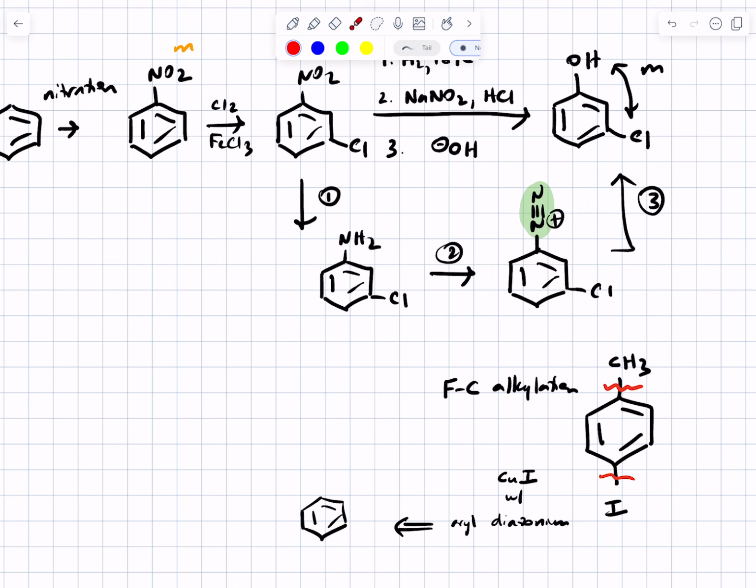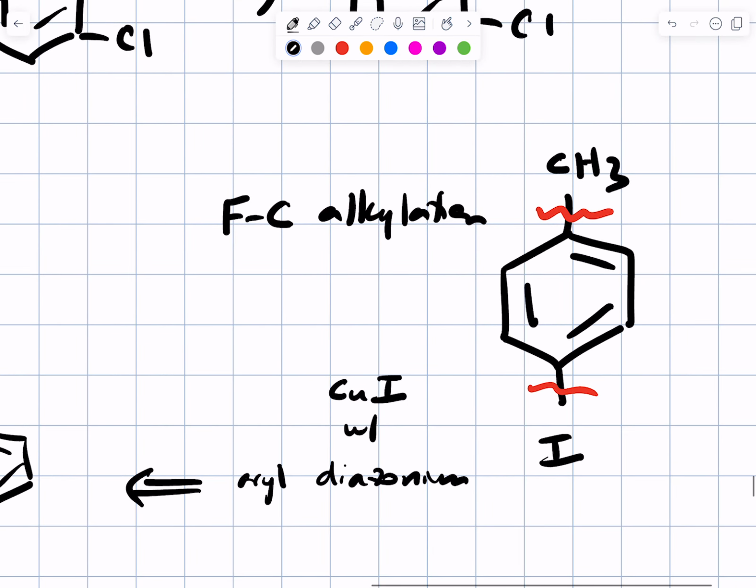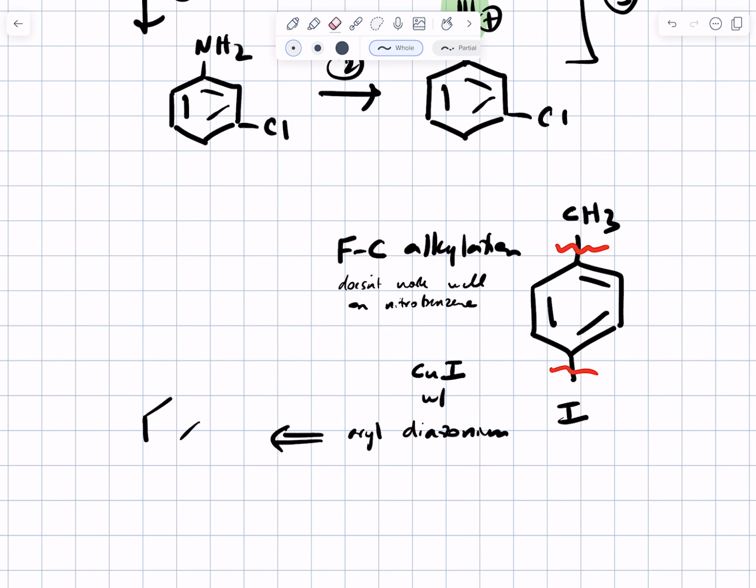And the relationship between these two groups is para. Friedel-Crafts alkylation, so we probably don't want to have the nitro group on there first, because nitro is a meta director. Moreover, Friedel-Crafts alkylation doesn't work well on nitrobenzenes, or any benzene with an electron withdrawing group via resonance. So probably we want to do the Friedel-Crafts alkylation first, then we want to do the second part.